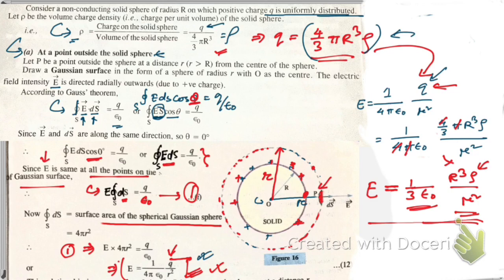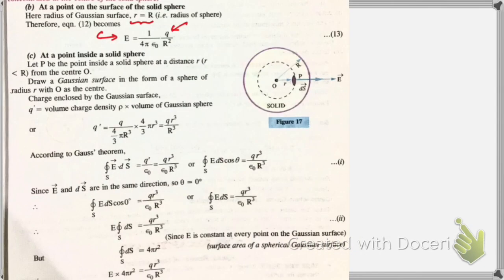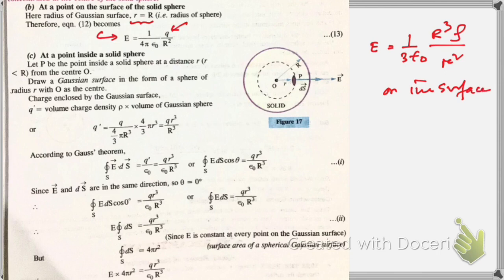If small r becomes equal to capital R, then E is equal to 1 by 3 epsilon naught, capital R cube rho by small r. On the surface, small r is equal to capital R.